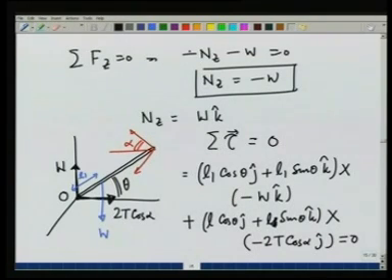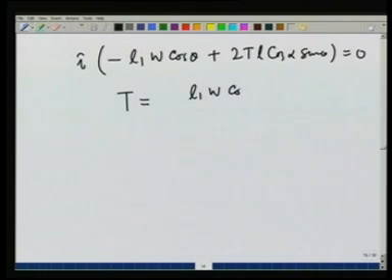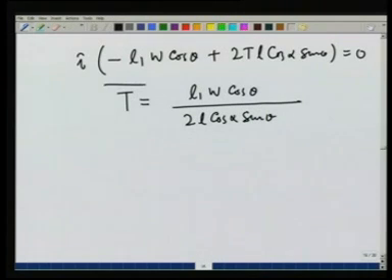So, it gives me plus 2T L cosine alpha sin theta. This is also in i direction and this is equal to 0, and that gives me T is equal to L1 W cosine theta divided by 2L cosine alpha sine of theta.